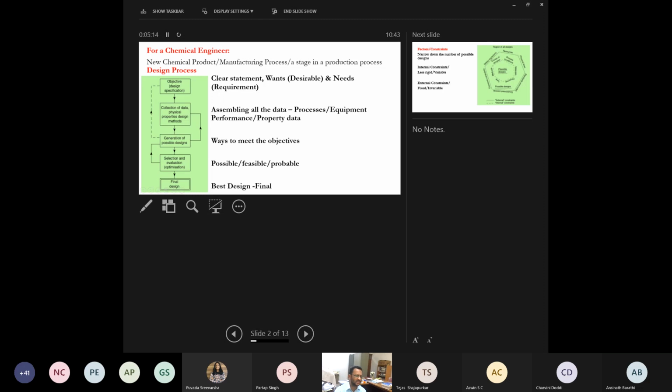Once the objective is defined, because in some cases what will happen, for example, the marketing team predicts we need 30 percentage more product than the existing volume. So they will propose that we have to expand the process plant.